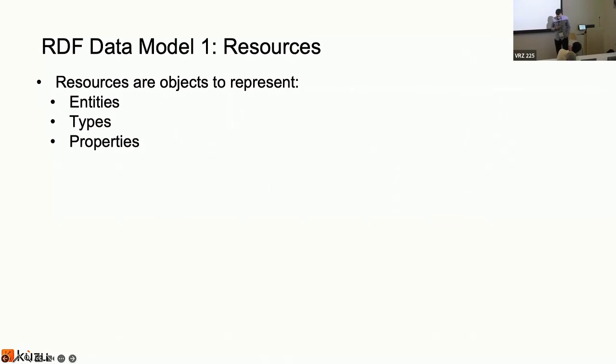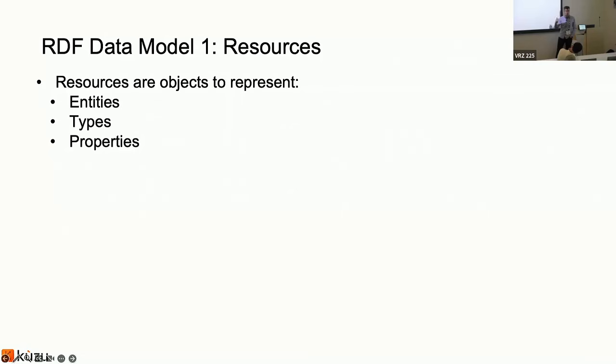In the RDF data model, those resources could be entities as before, but they could also be abstract things. They could be types. They could be properties that you store. Every concept becomes its own object, right?